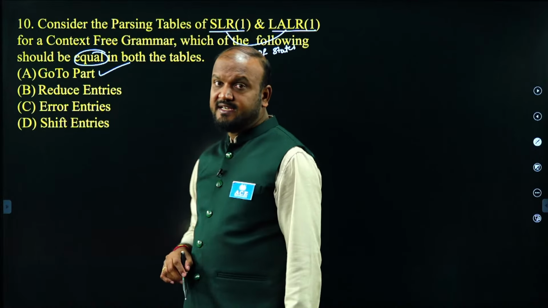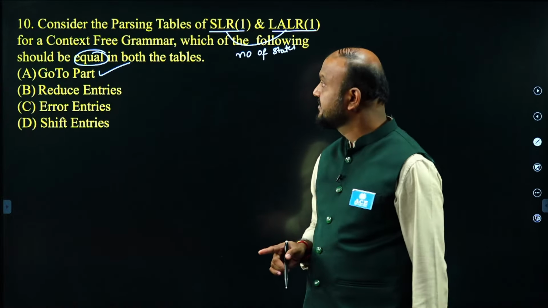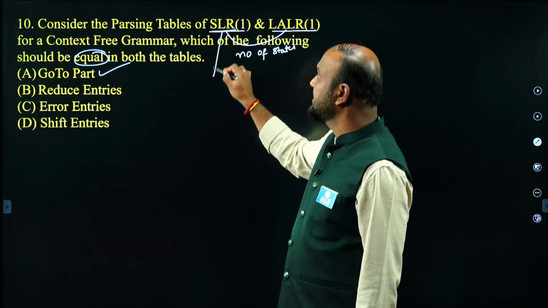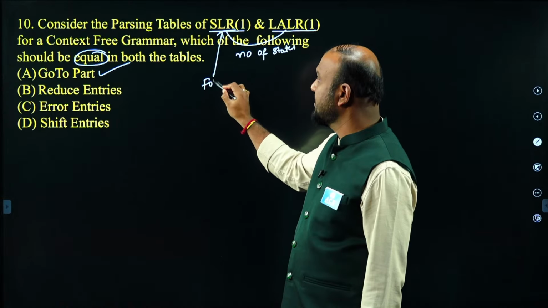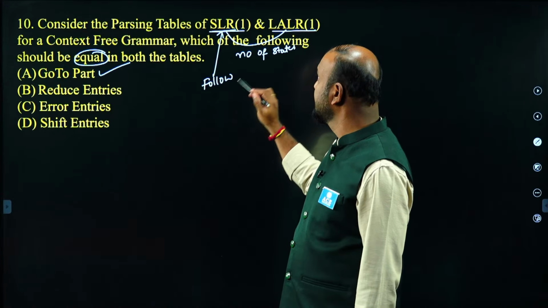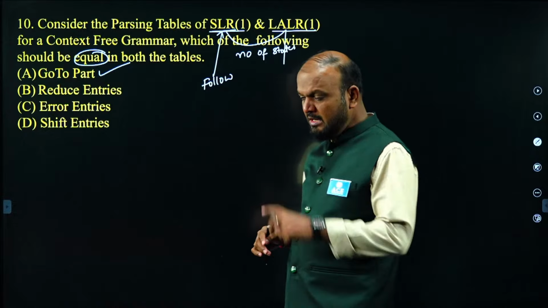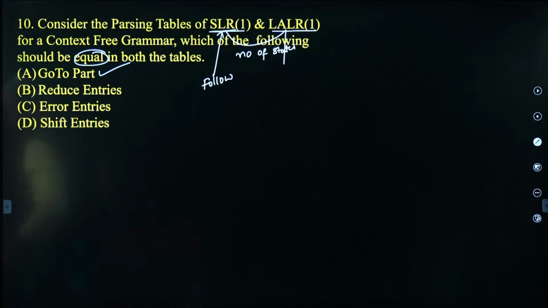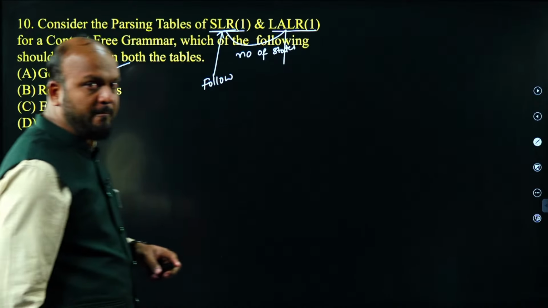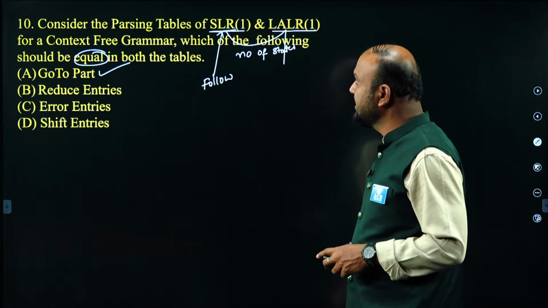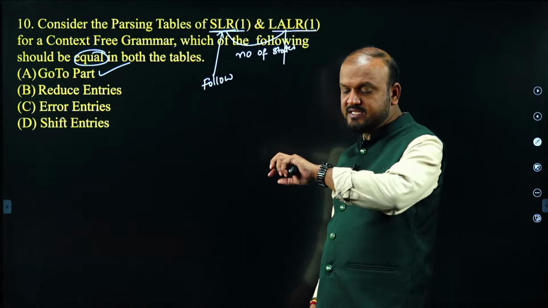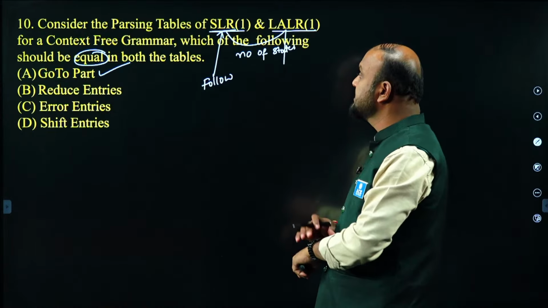And reduce entries, are they the same or different? In SLR of 1, we fill the reduces in all follow terminals.